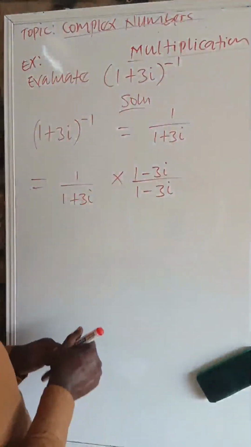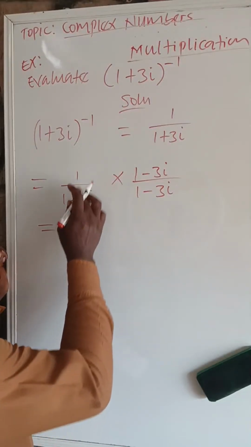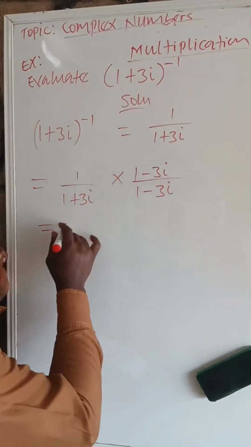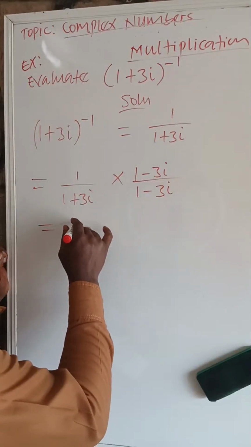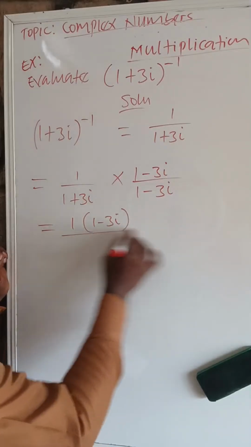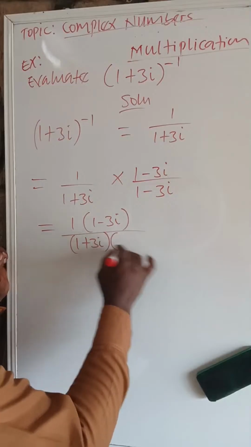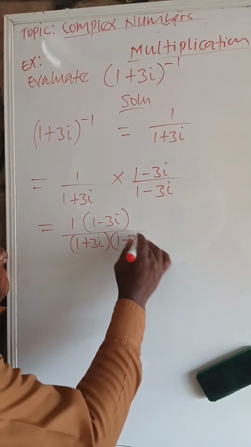So let's look at it together. Here will now be equal to 1 times (1 minus 3i), that is the numerator, all over (1 plus 3i) times (1 minus 3i).